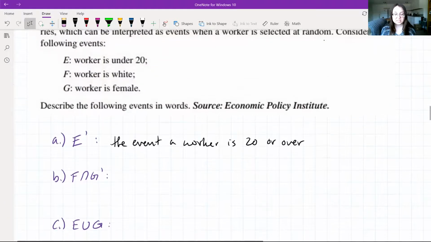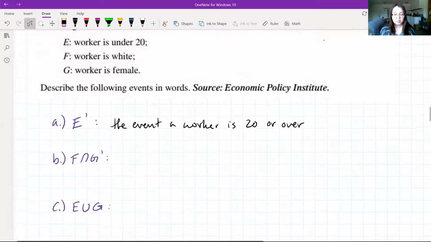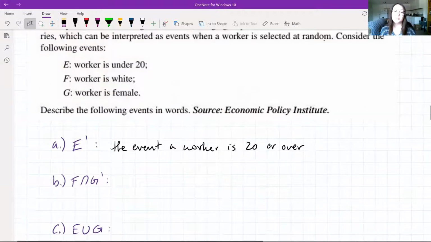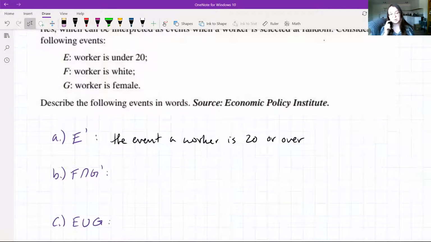Then we have B, which is F intersect G prime. So it's important to start by thinking, what is G prime? G is when a worker is female. So G prime is going to be when a worker is not female, or typically that worker will be male. So we have F intersect with workers that are male. We know that F is workers that are white, and we know that intersect means that they have to be both.